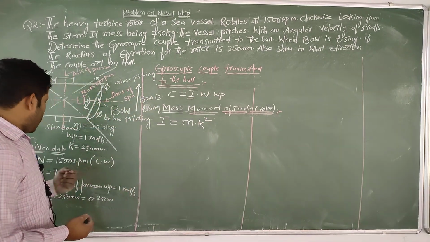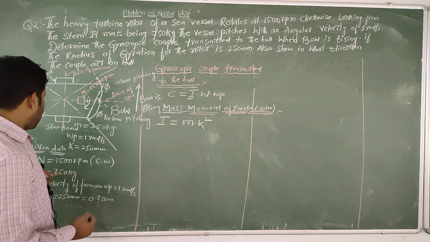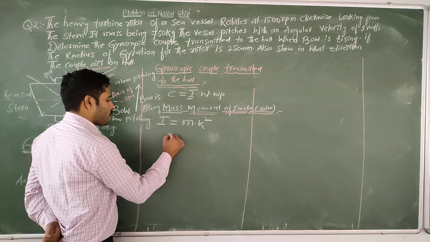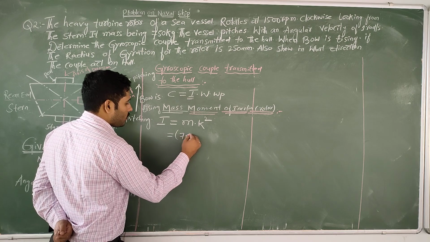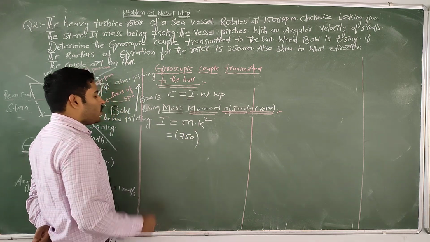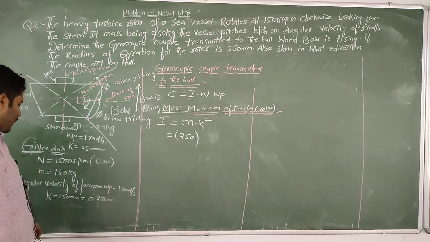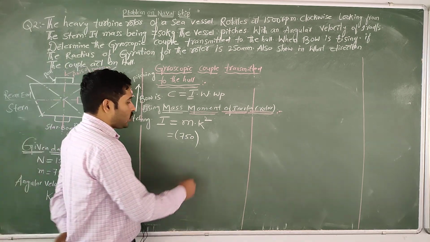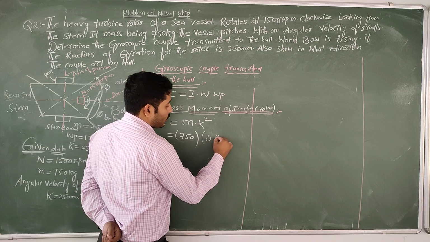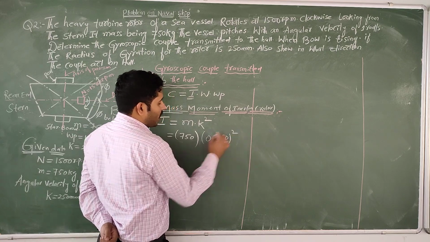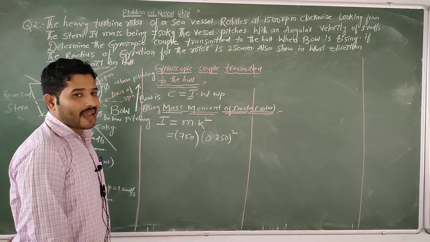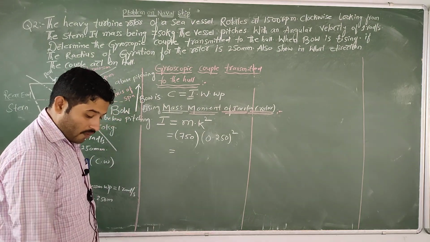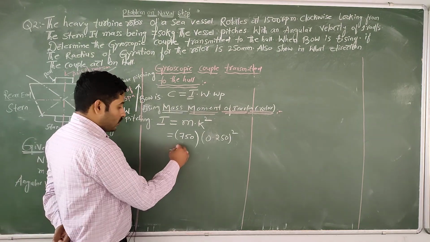The mass of the turbine rotor is given as 750 kg, and the radius of gyration of the rotor is given as 0.250 meter whole square. Then if you multiply with the help of a calculator, you will get the value of the mass moment of inertia.